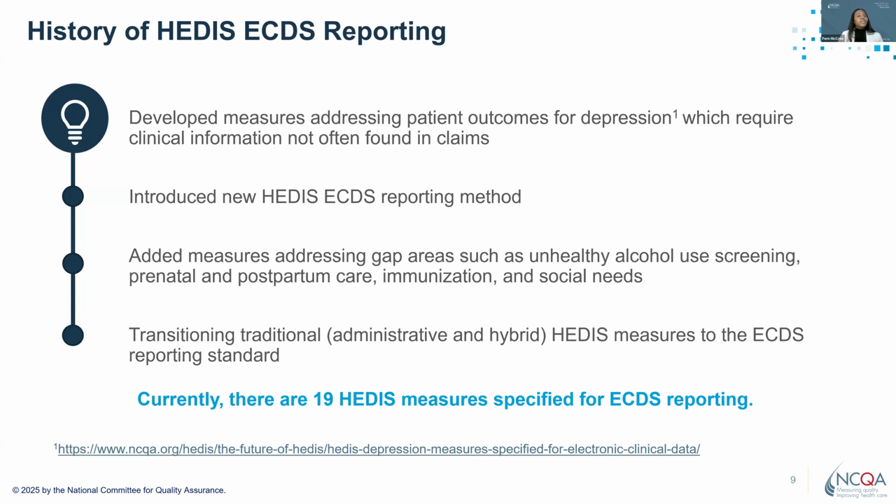And so this was to really give organizations an opportunity to get experience with ECDS with measures that they're familiar with, as well as enabling our overall transition over to ECDS. So currently we have 19 HEDIS measures in total that are specified for the ECDS method. And you'll hear a little bit later as we're continuing to expand the measures in this domain.